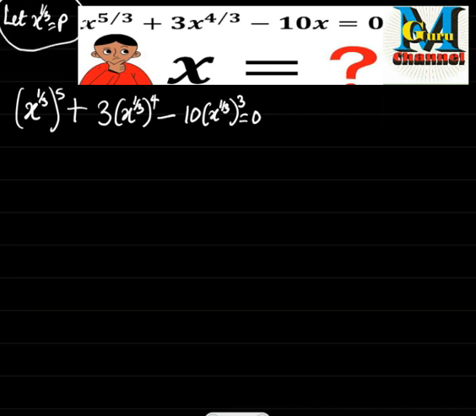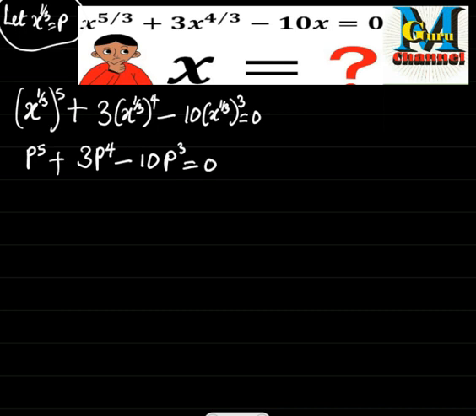Anywhere we see x raised to the power of 1 over 3, we substitute p. So we have p raised to the power of 5 plus 3p raised to the power of 4 minus 10p raised to the power of 3 equal to 0.